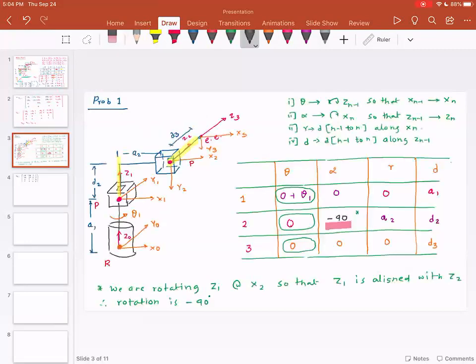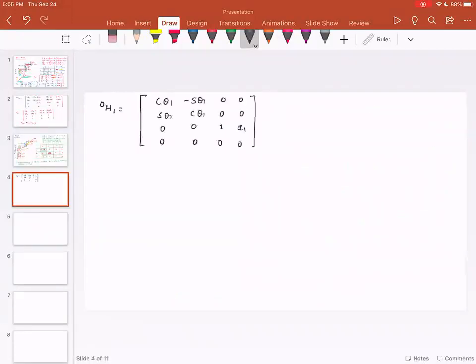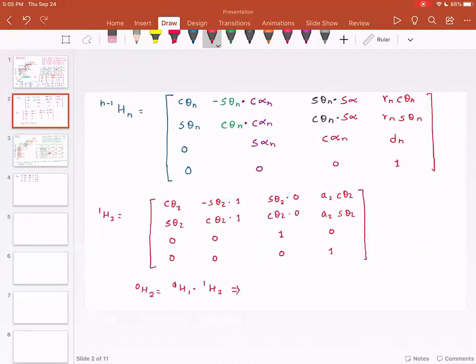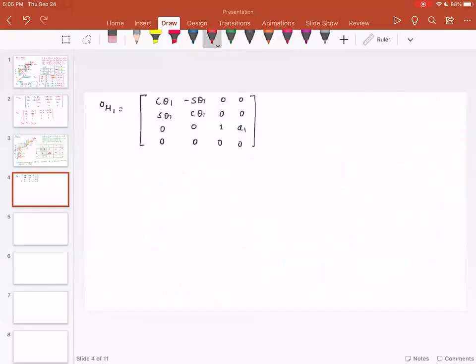Actually, this is what you get. Please check this answer with your regular technique. I used the DH parameter technique: I used the first column and plugged the values into this equation, which is for the homogeneous transformation.